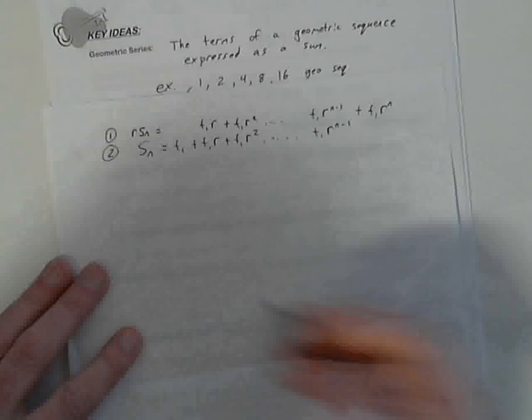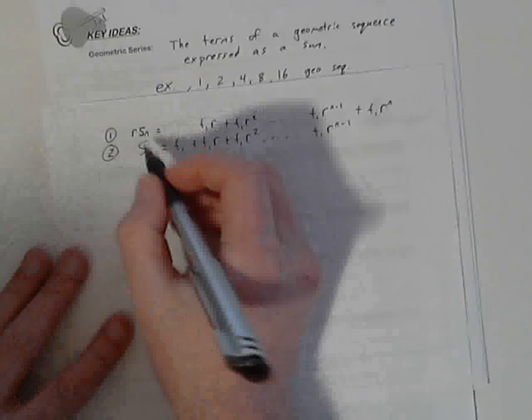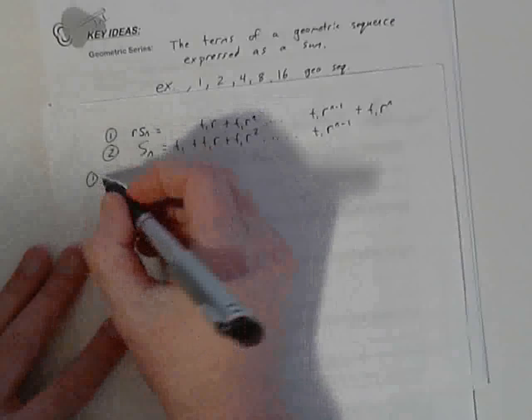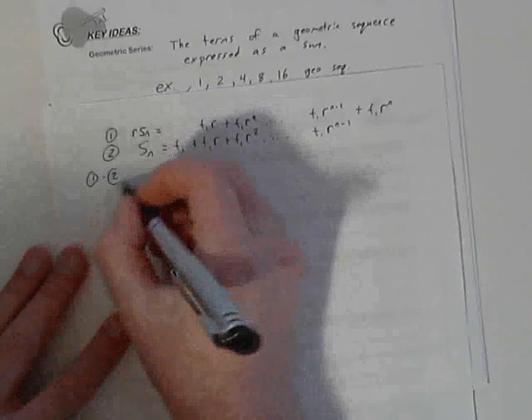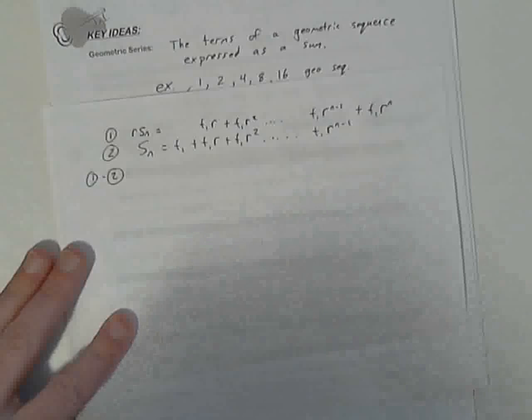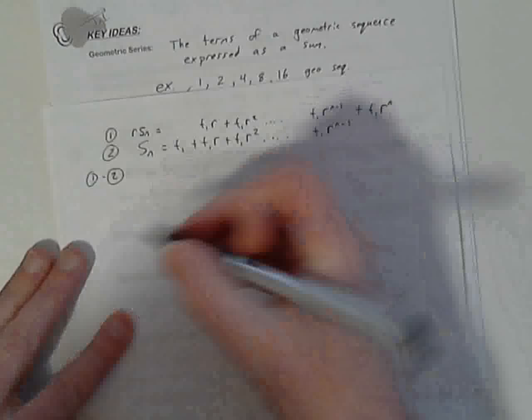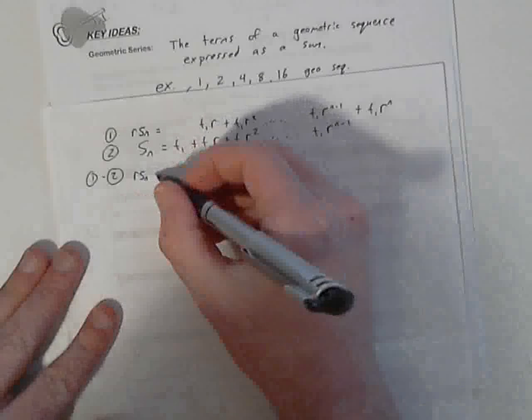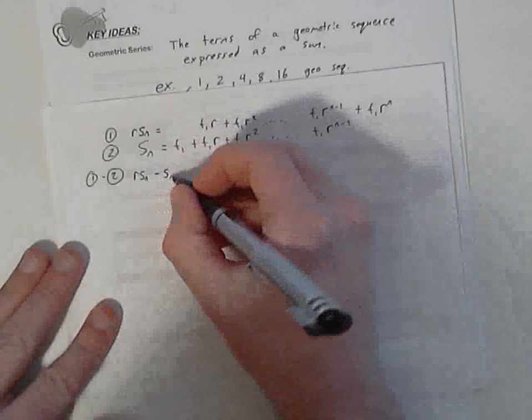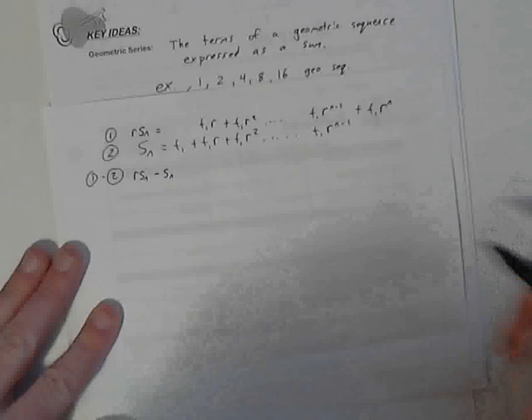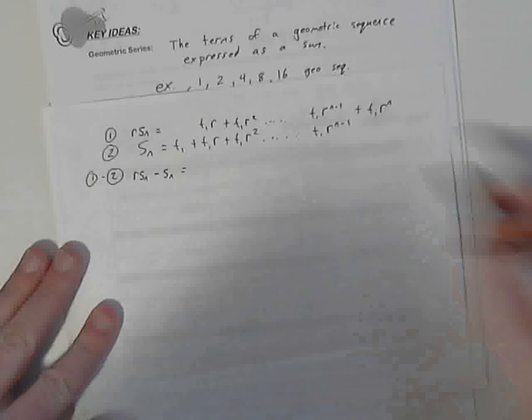We're going to do 1 subtract 2. We're going to subtract these two equations from each other. So on the left, we end up with Rsn minus Sn. And on the right, subtract that, so we end up actually with a negative T1.